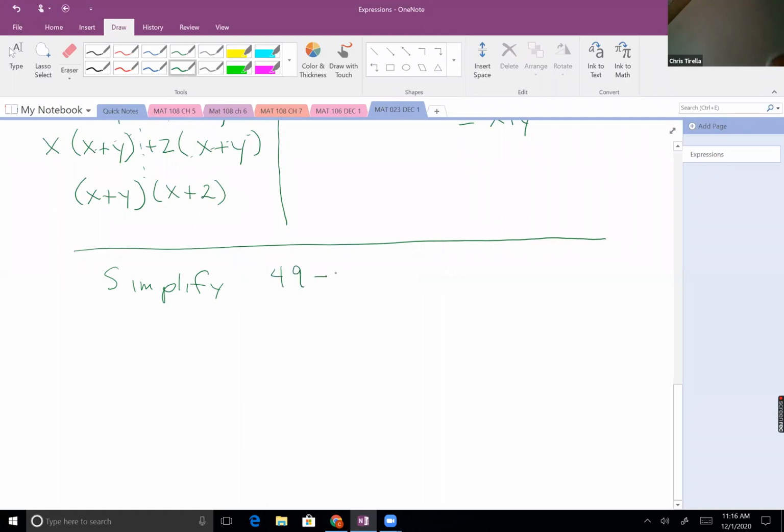49 minus y squared over y minus 7. And so how would that 49 minus y squared?